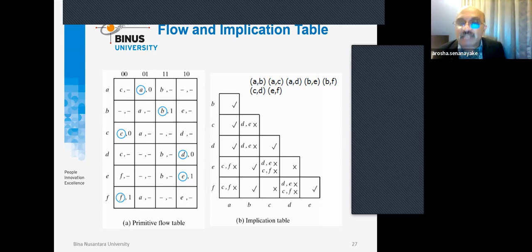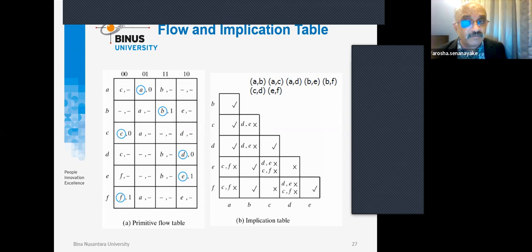So we can conclude that the D and E dependency makes trouble to reduce the rows. Similarly, with C and F, here is 0 and here is 1, and that leads us to cancel out the reduction of rows based upon these two dependencies.